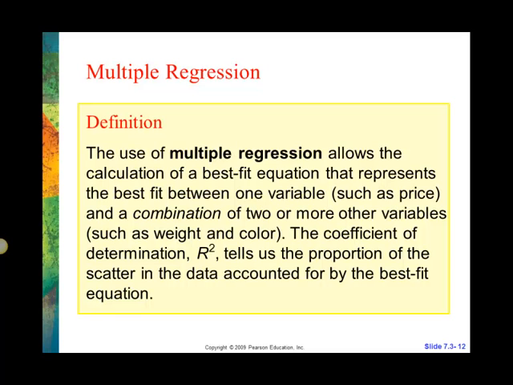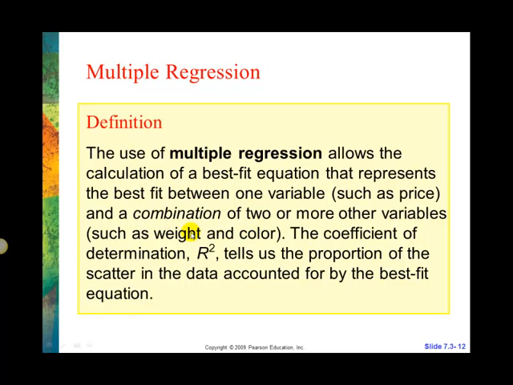Because there's lots of things that determine an answer, that are variables that create one thing, we can actually do a multiple regression. And they say multiple regression allows calculations of a best fit line when you have one variable, which is dependent, and a combination of more than one variable, which is independent.